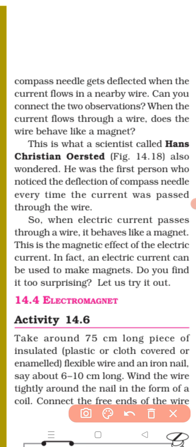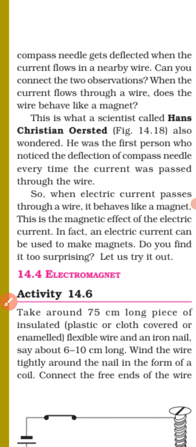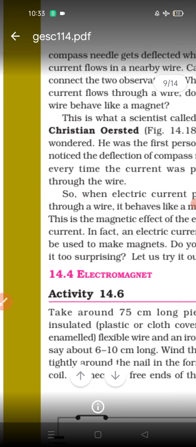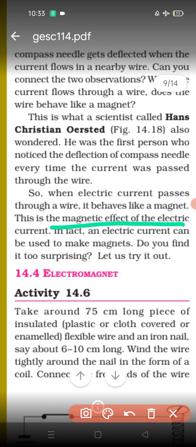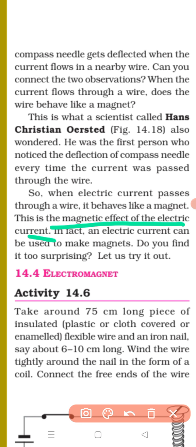So when electric current passes through a wire, it behaves like a magnet. This effect is called the magnetic effect of electric current.